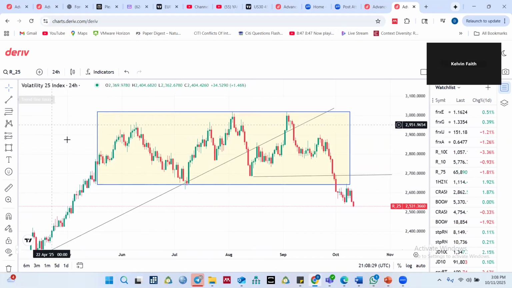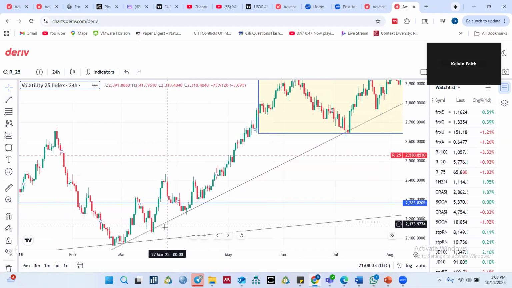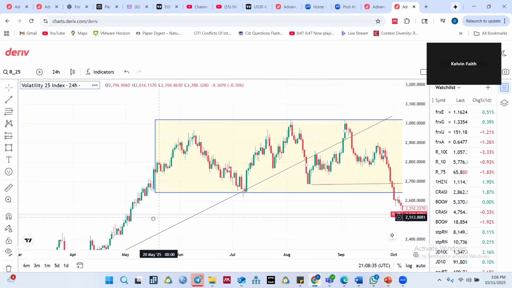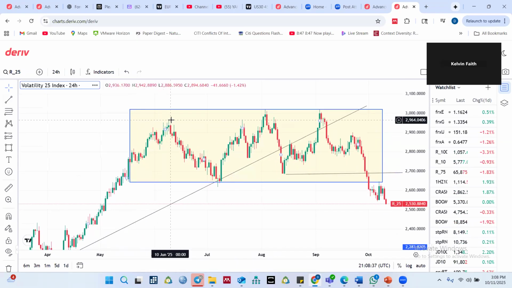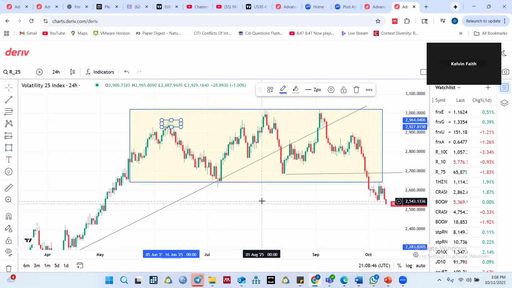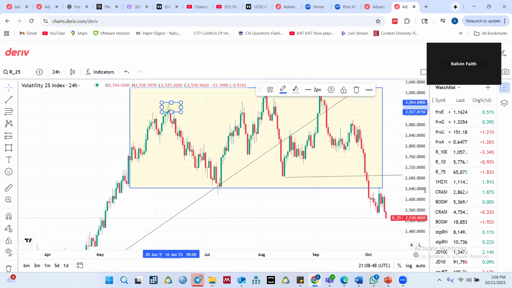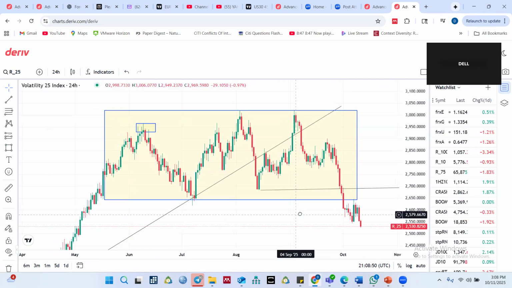Good. What I normally do is look at where price has already been buying, going up. What is the first hit before a significant sell, a pullback? Here. This is where that happened. Can you all see that? Yes, I can see it.